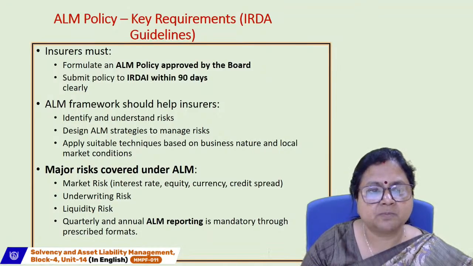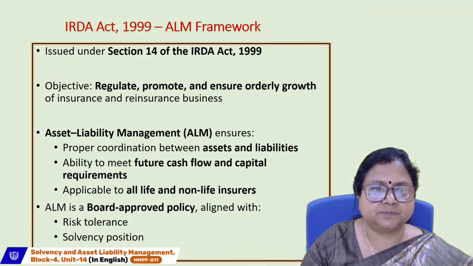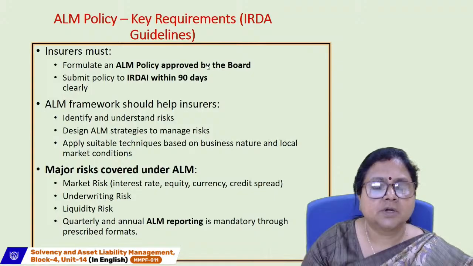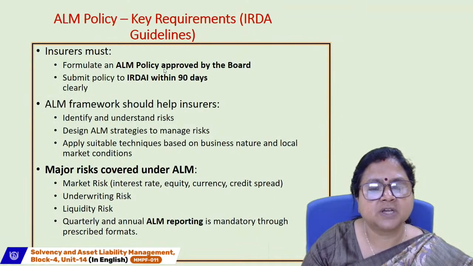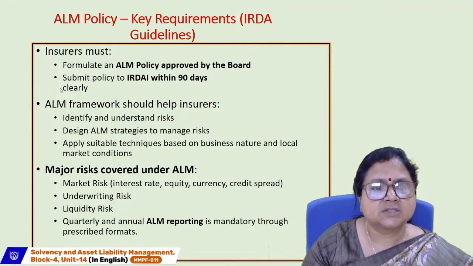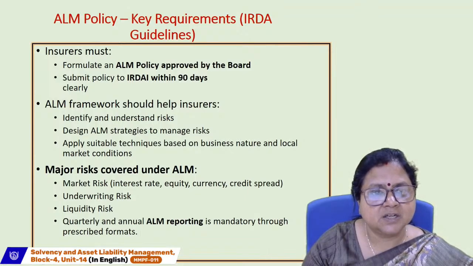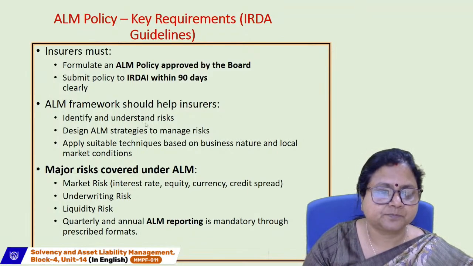So insurance companies have to make an asset liability management policy, and the ALM policy has to be approved by the board. Then the policy has to be submitted to the IRDAI within 90 days. This is a mandate which every company has to follow.